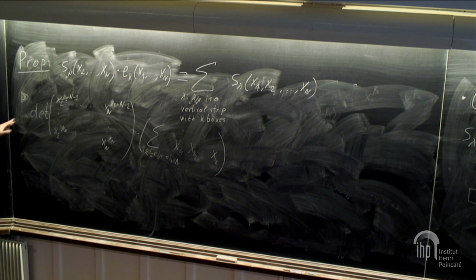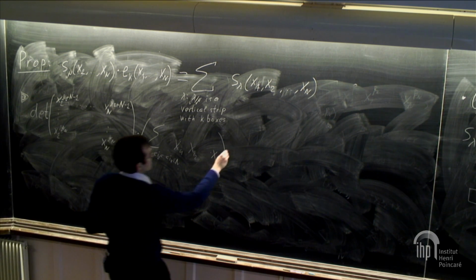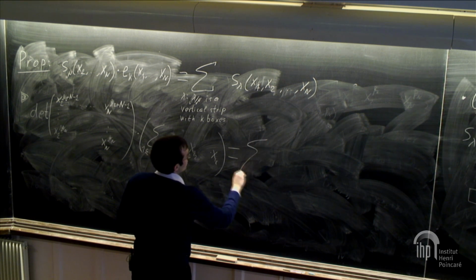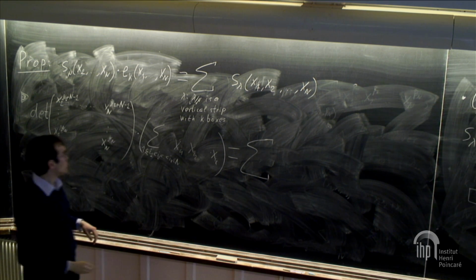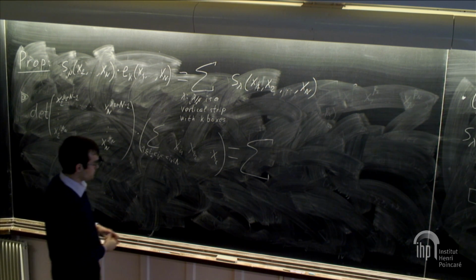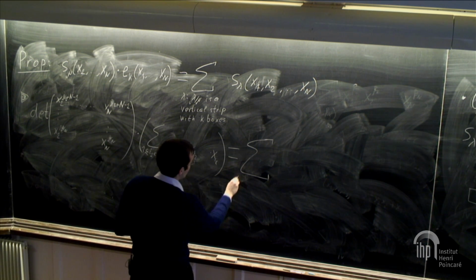So I need to multiply this determinant, the essential determinant from Schur functions, and the elementary symmetric function. I will do this just by the definition of determinant. Also, I put this summation first.